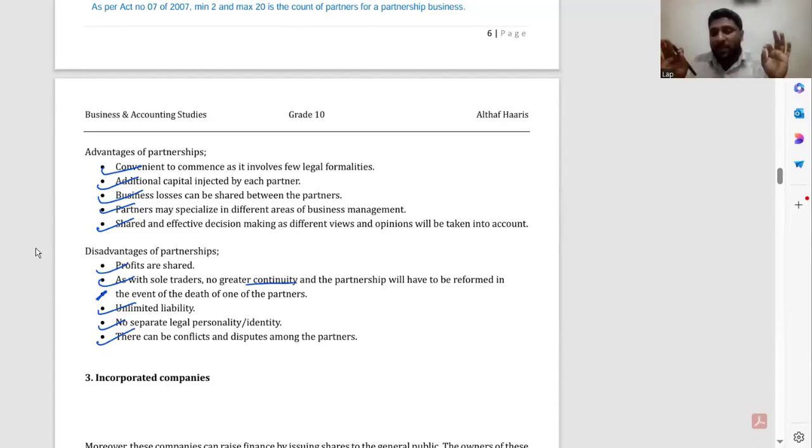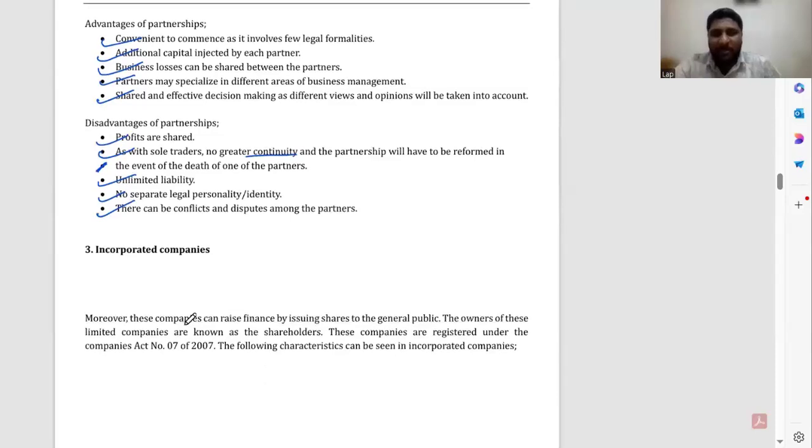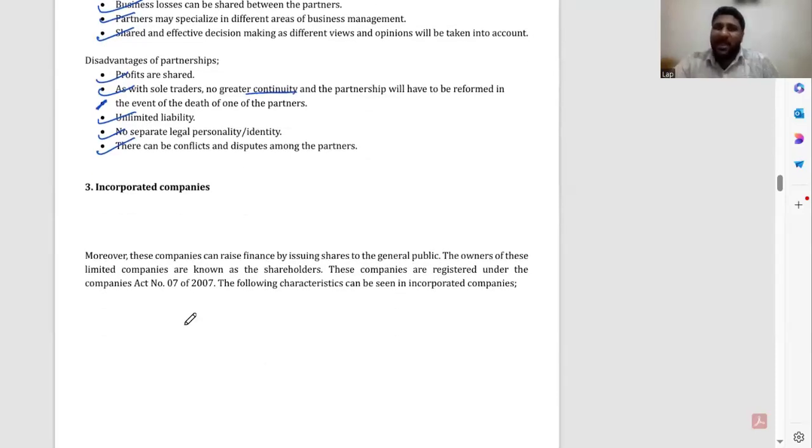So we'll do the incorporated businesses and finish off for the day. Next week we can nicely finish off the remaining areas, and probably finish the chapter sometime next week. Incorporated businesses are properly listed, incorporated, established businesses.